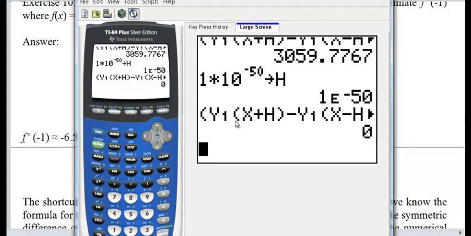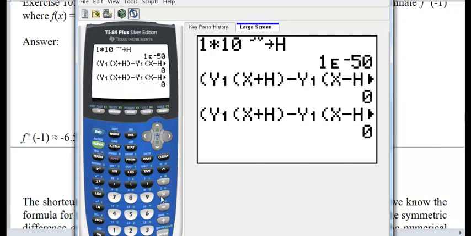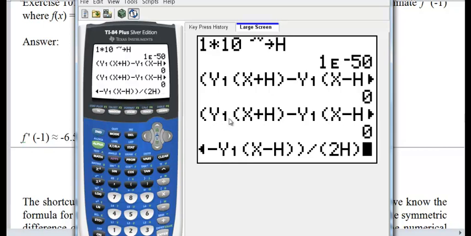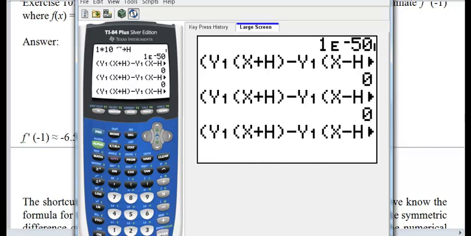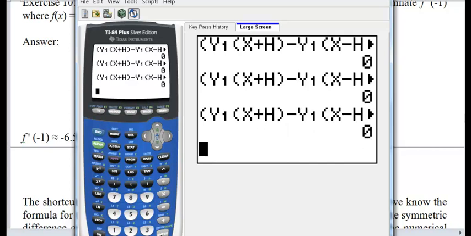We basically have this formula, y1 of x plus h minus y1 of x minus h, and then you divide by 2h. So if I go back and forth, you can see the whole formula. And it says it's 0 for the particular h that we have in now, which is too small.